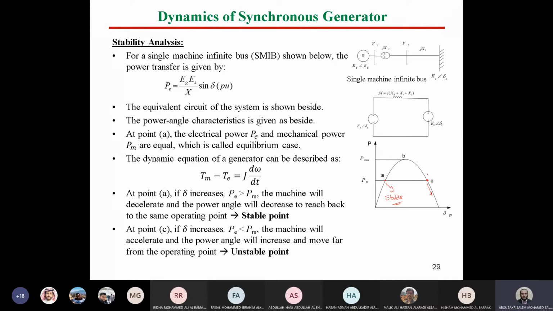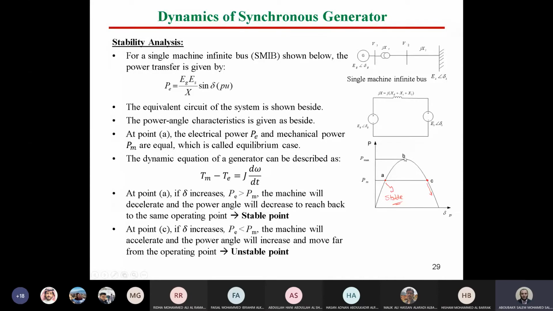Okay, Shabab? So this is the analysis from the curve and dynamic equation, how we can define the stability of the machine. You will find that the unstable region is valid for all parts from point P up till this point, and the stable region is from 0 to delta equal 90.